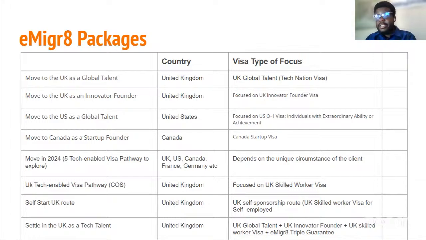It's a package that I talked about earlier that is running. What we have done here is to combine one application for your UK Global Talent, your Innovator Founder visa, and your Skilled Worker visa, in such a way that you have a triple guarantee. So it's open for those people who really want to move and who are looking to put in the time to move to the UK.